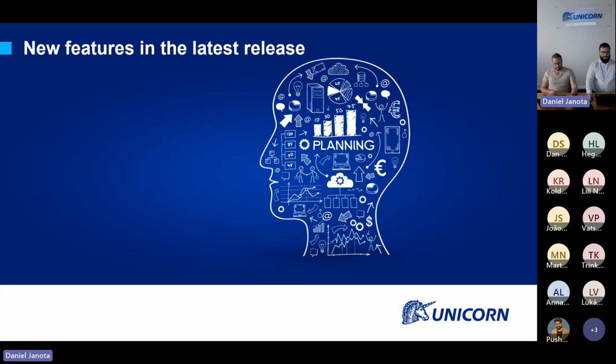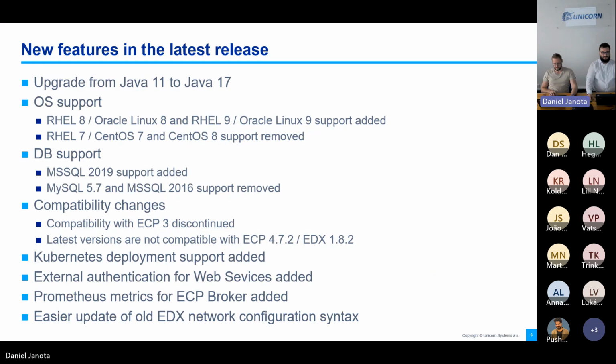So let's check new features in the latest version. So the latest version, specifically ECP 4.11 and EDX 1.12, is running on Java 17. That's a big change since the previous version, which was using Java 11.